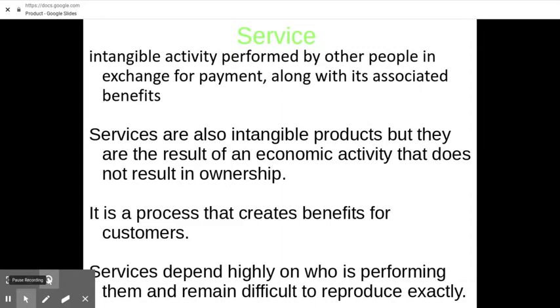Services depend highly on who is performing them and remain difficult to reproduce exactly. And that's the thing that we can take away really with services. Services depend highly on who is performing them, because if we're getting a service done, in the previous example, we talked about getting your car worked on, I want someone that knows what they're doing, depending highly on who is performing them. So I'm getting someone that might be a specialist and remain difficult to reproduce exactly.